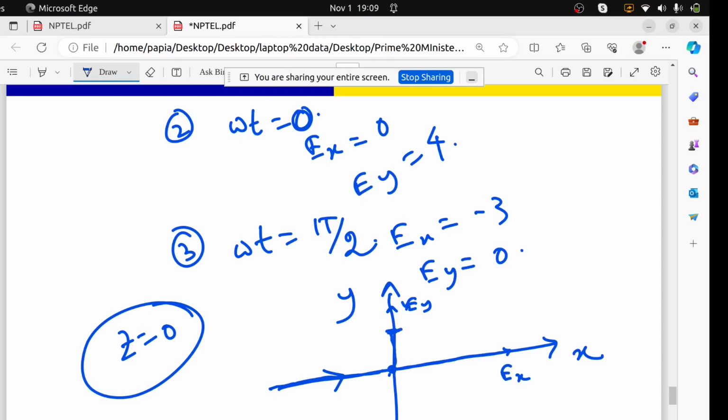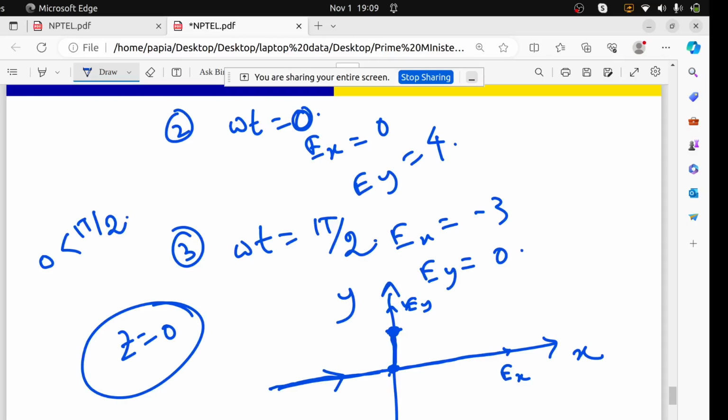So this one is the 0 point for Ex, this one is the 4 point for Ey at ωt equals 0. Now ωt equals π/2. Obviously you can see that 0 is less than π/2. I am talking about this because our t is going in the forward direction.